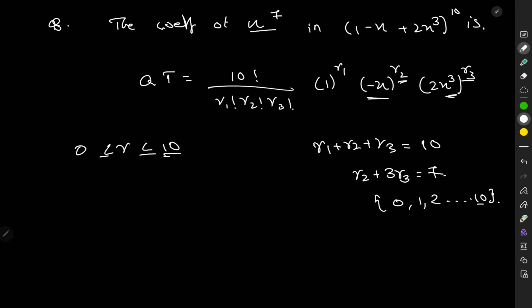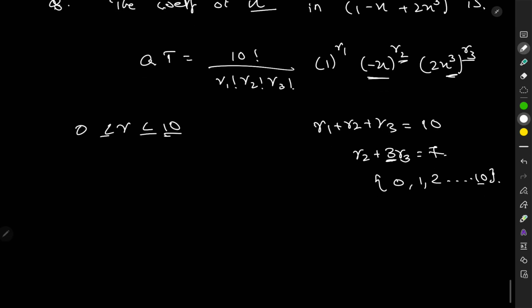And see the maximum coefficient: in this entire equation, 3 is the maximum coefficient, and it is the coefficient of r3. So let me substitute r3 is equal to 0. Then r2 will be 7, and since the entire sum should be 10, r1 will be 3.